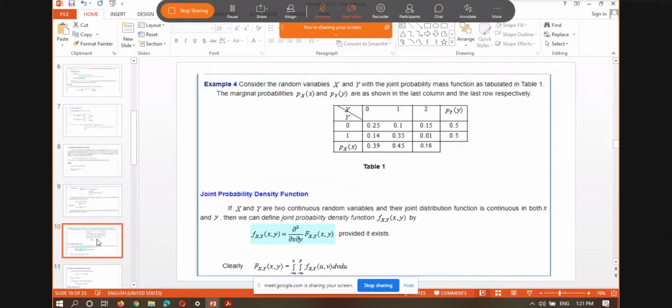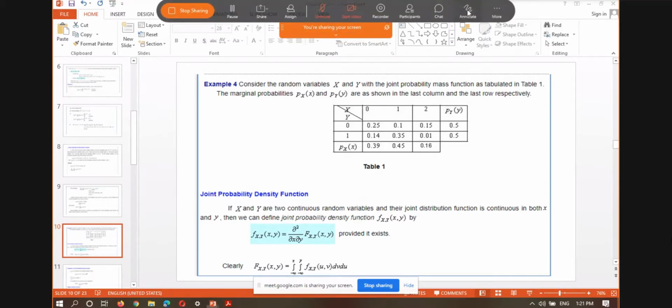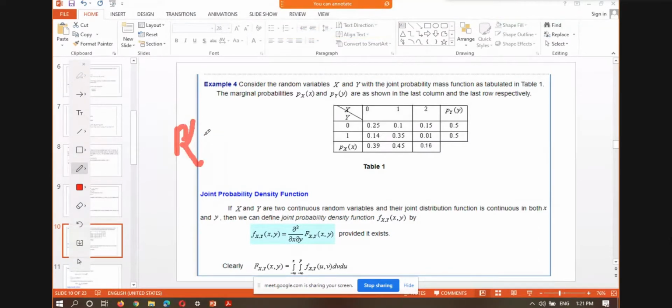Then here is one example. Earlier we wrote the probability mass function like, for x equal to 0, we write whatever we get, and for the probability that x equals 1, whatever we get.